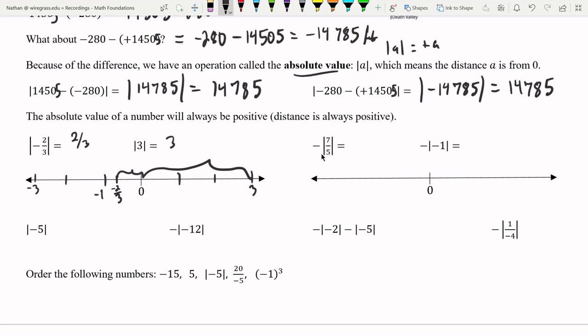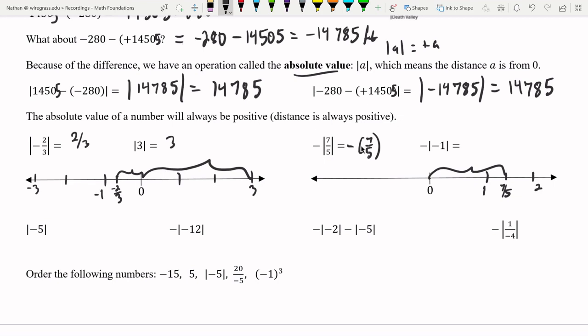For this one, we have negative absolute value of 7/5. 7/5 is going to be, let's see, 1, 2. 7/5 is going to be right around here. And so the absolute value of 7/5 is asking, what is this distance here? And that's, of course, 7/5.